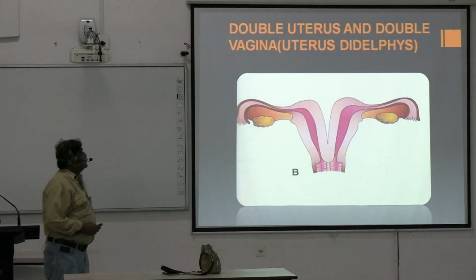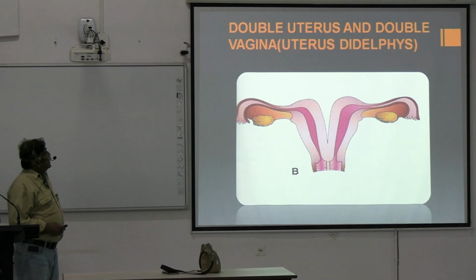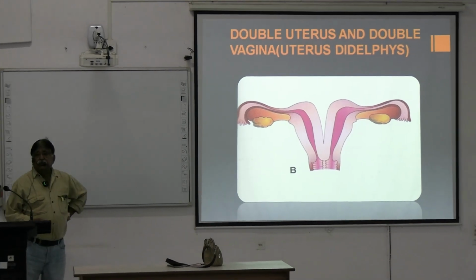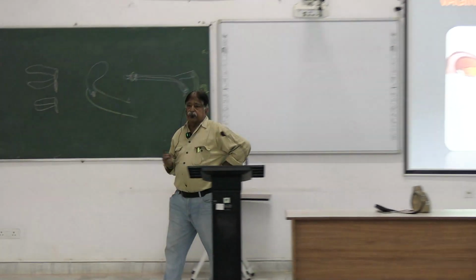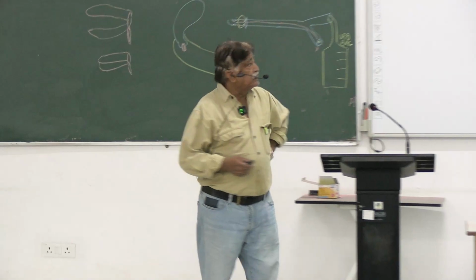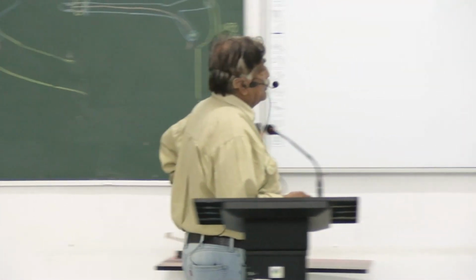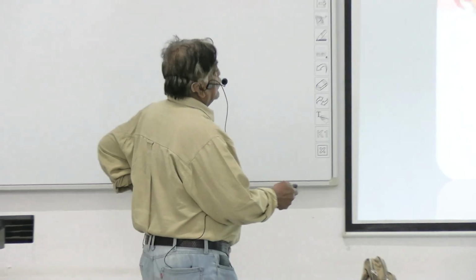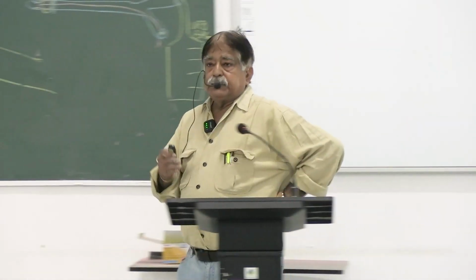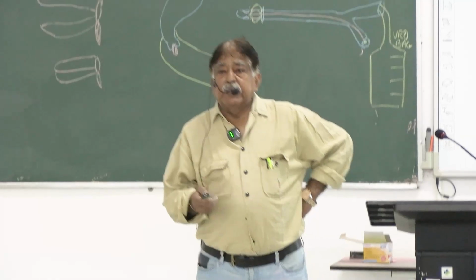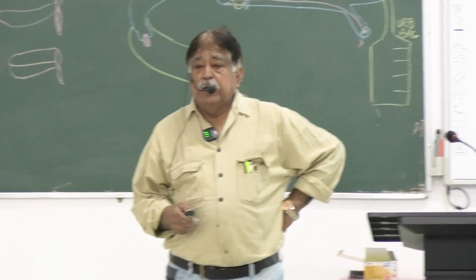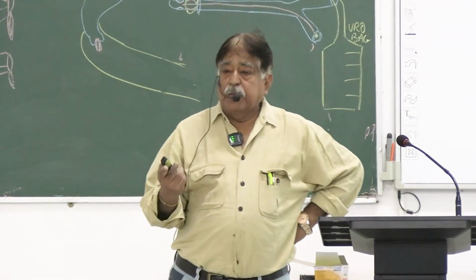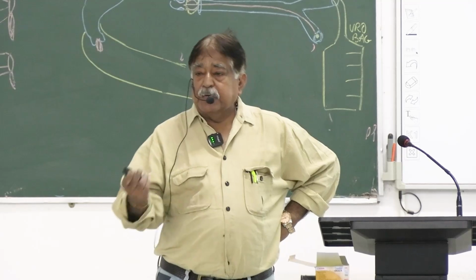Now double uterus and double vagina, uterus didelphys, that is bicornuate uterus or double uterus with the vagina. So a mother with a double uterus can conceive 2 babies in 2 uterine cavities.